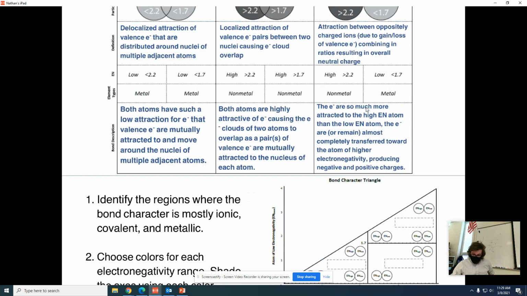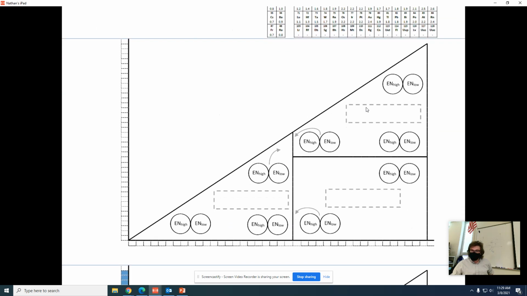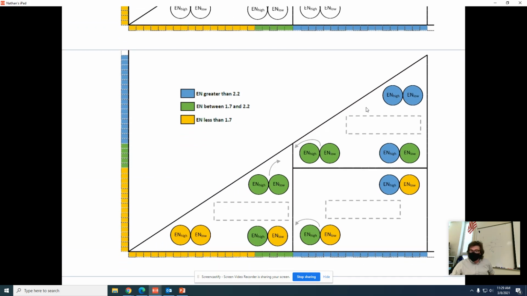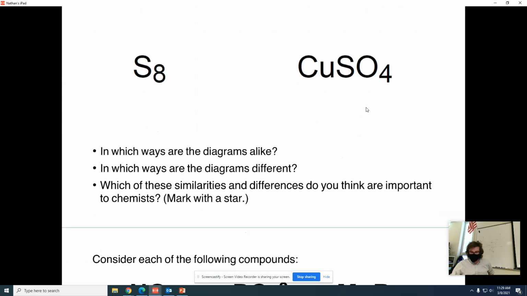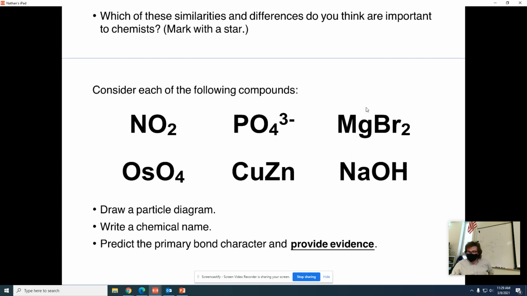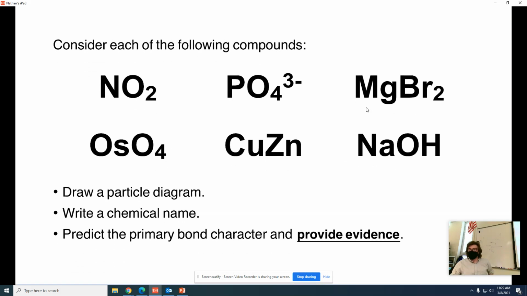Make sure you have all these notes filled out about the different bond characters, and make sure you filled in your bonding triangle and then color coordinated with all the different electronegativities, and then colored in these different regions on your periodic table. So we're kind of going to skip through that, and in the absent student agenda, or if you're just following along at home, you should eventually get to this slide, and this is where I want you all to start.